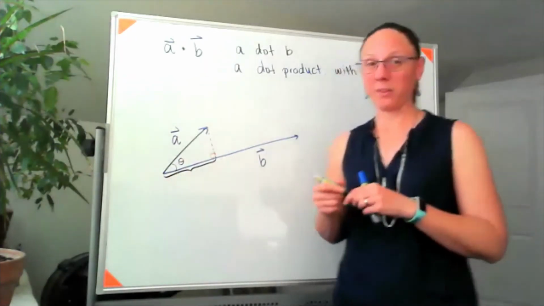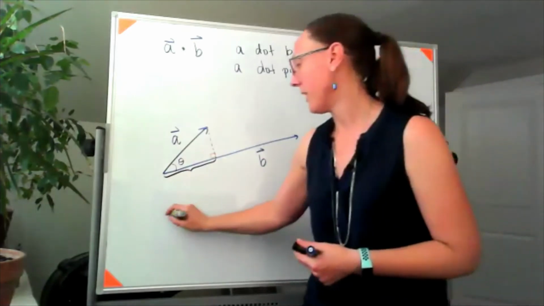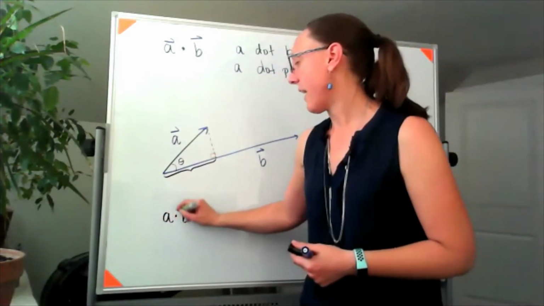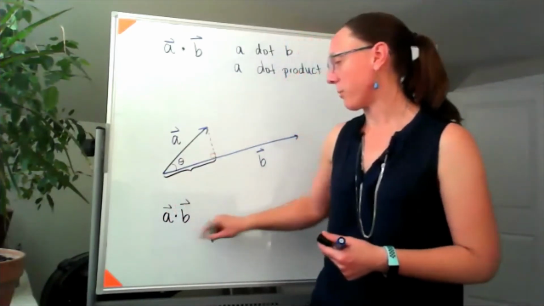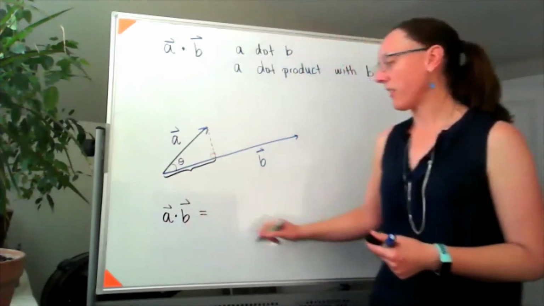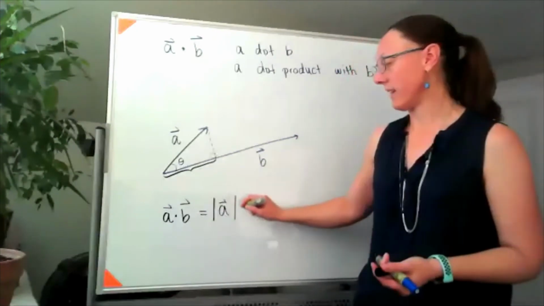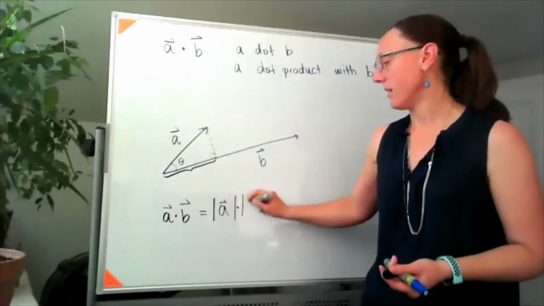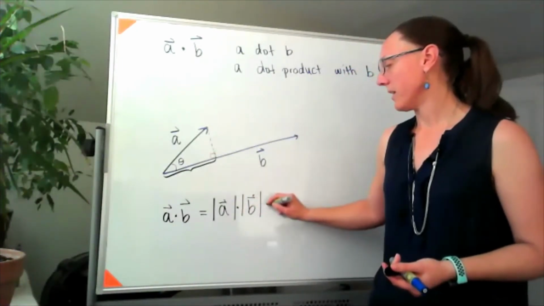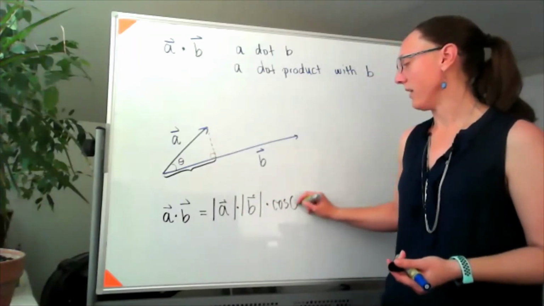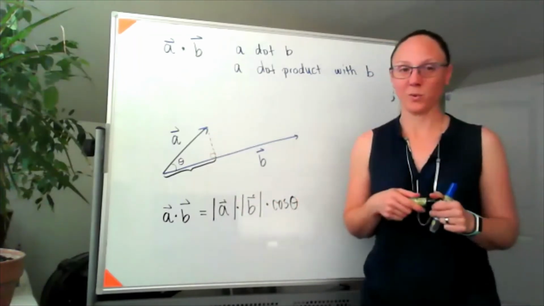Now, the formula for dot product, we'll get to how you calculate the dot product part in a second, but the other side of this formula looks like the magnitude of A, or the length of A, times the length of B, times cosine of the angle between those two vectors.